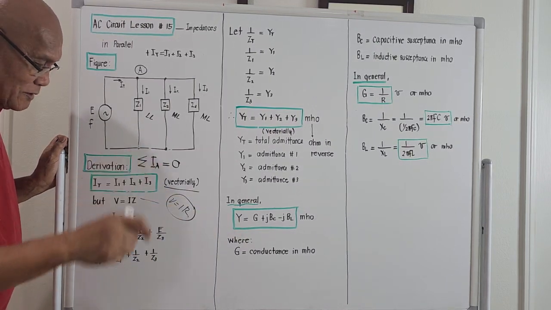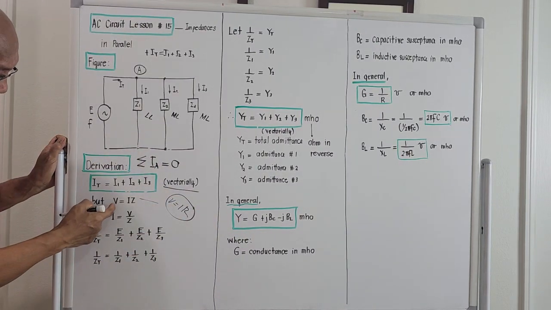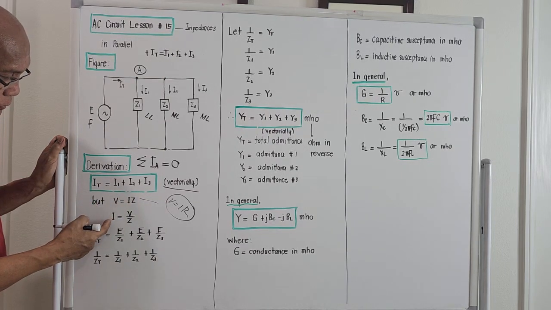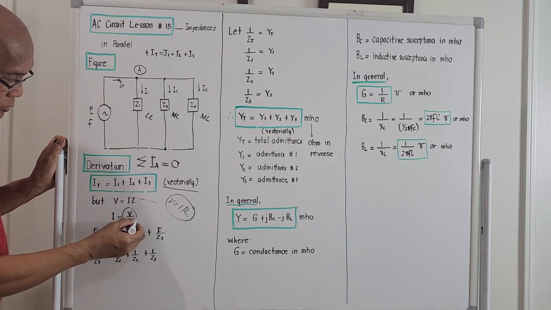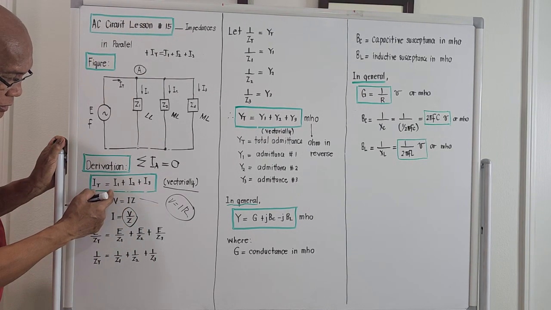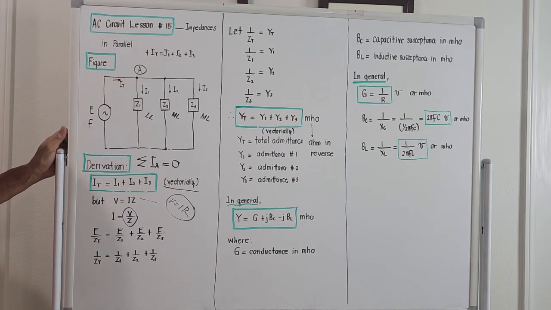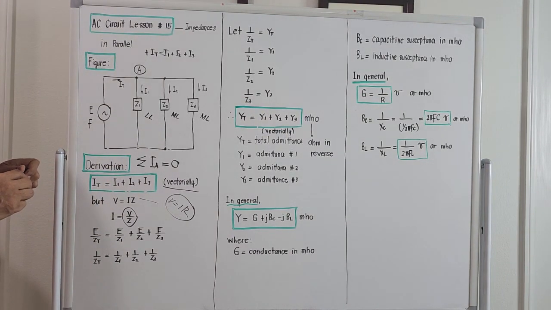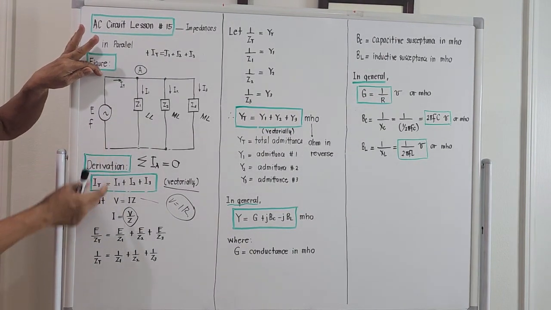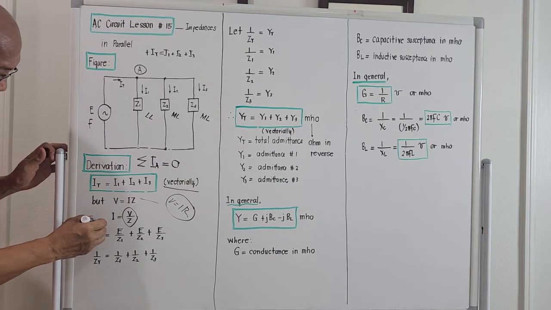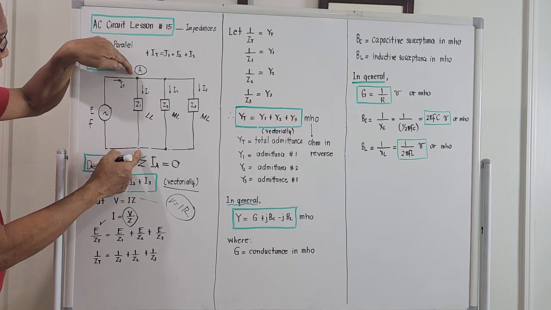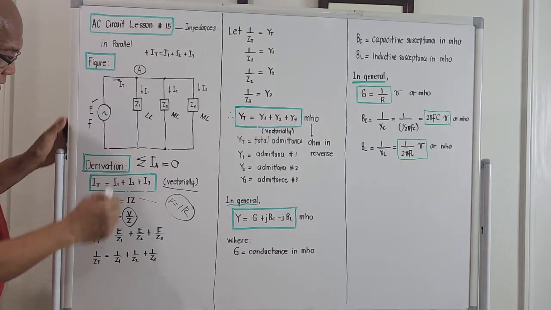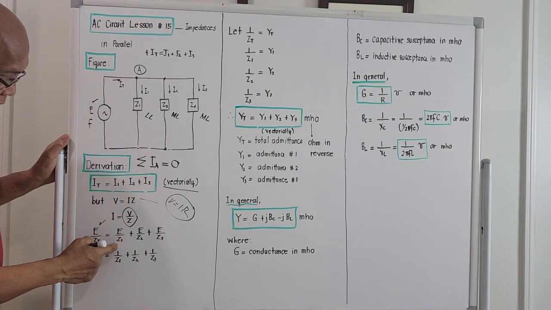That is for impedance. So if voltage is equal to IZ, we will compute for I, which will now be E over Z. If we substitute this E over Z back into this equation, what will come out? The voltage across the load is actually E, and the voltage across Z1 is still E, so this will be E over Z1.